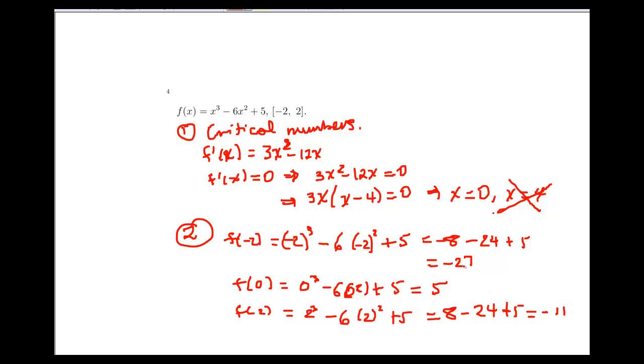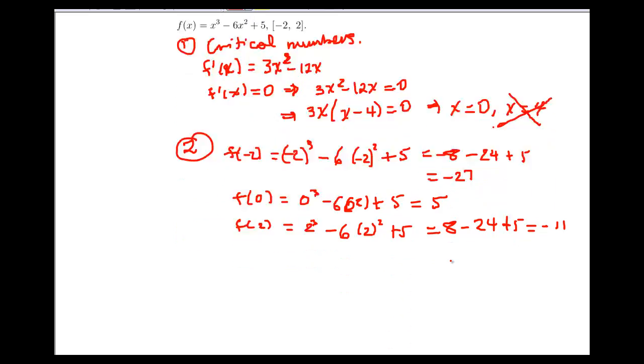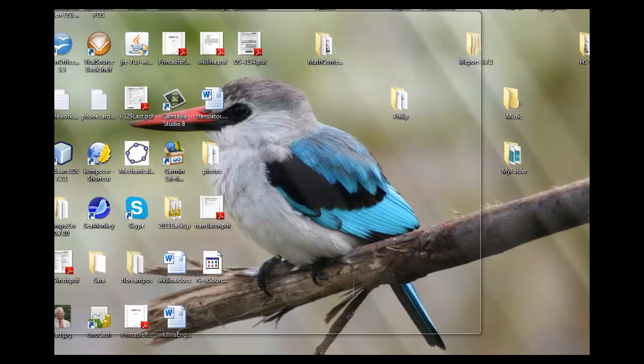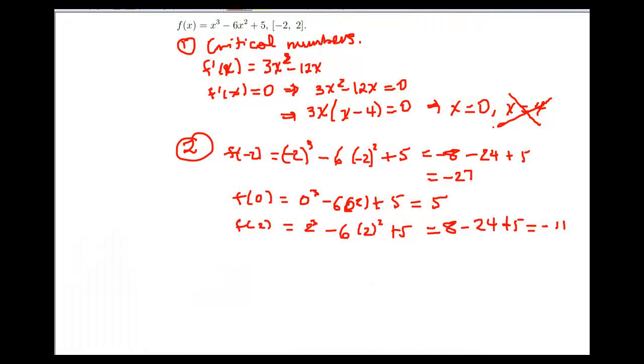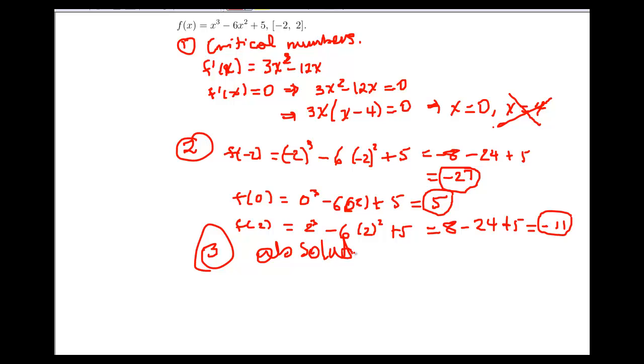Now we're almost done. What are the functional values we've calculated? One of them is -27, the other one is 5, and the other one is -11. So what's the absolute max? Step number 3 says the absolute max is 5.